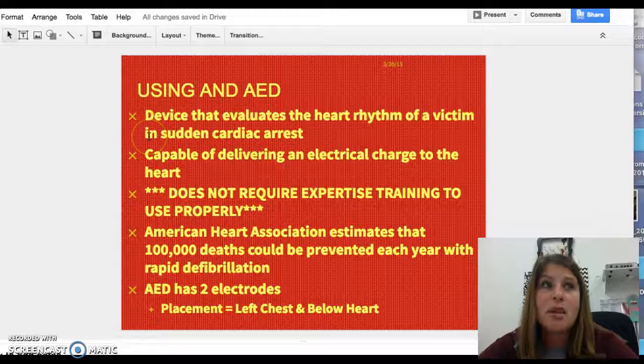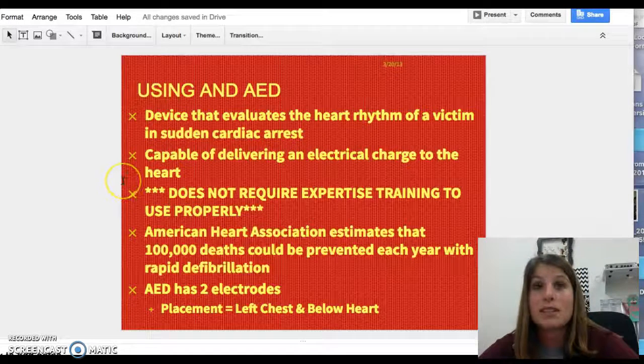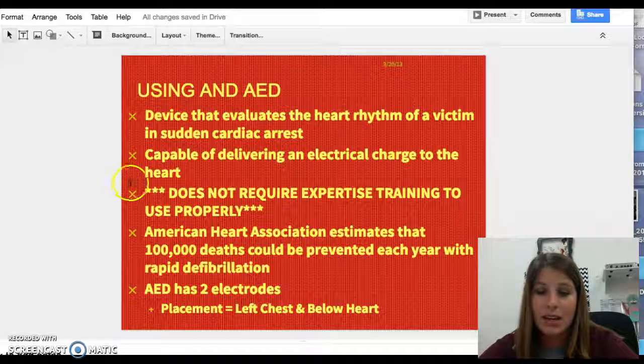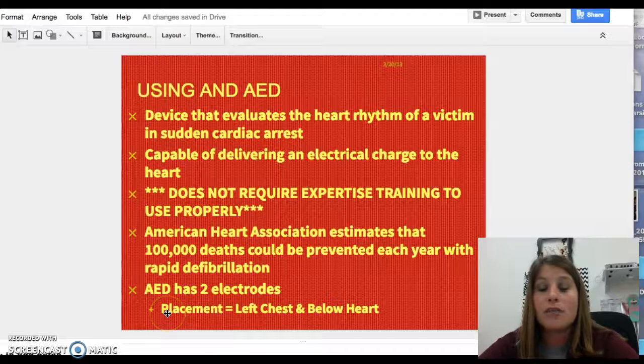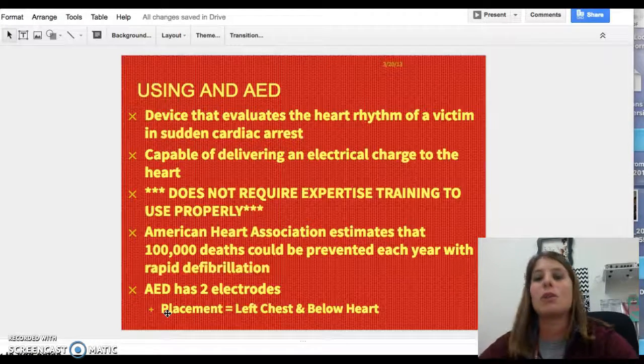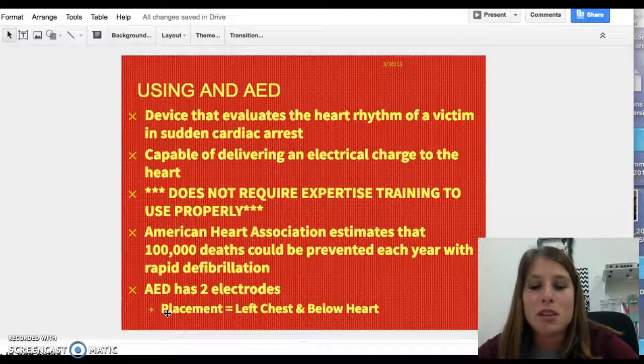The good thing about this is you don't have to have a lot of training. They're pretty user-friendly. You just listen to what the device is telling you. The big thing is the electrodes that you place on the victim's left chest, and then below the heart. You're actually putting the heart in between the two pads.